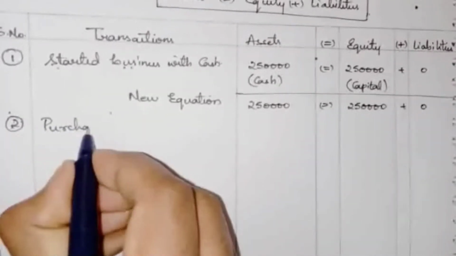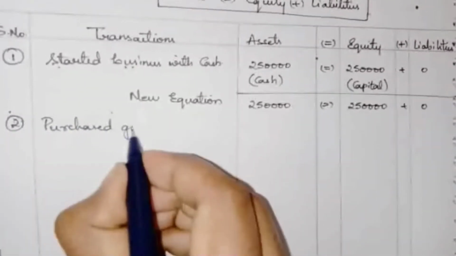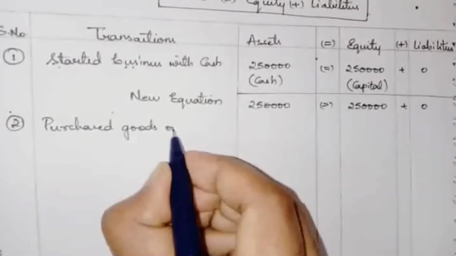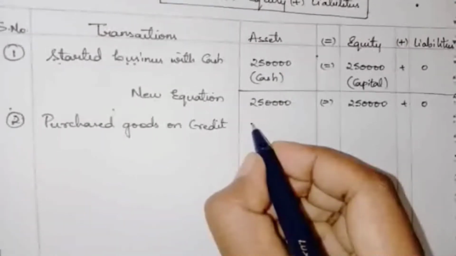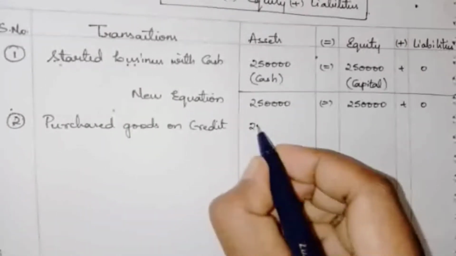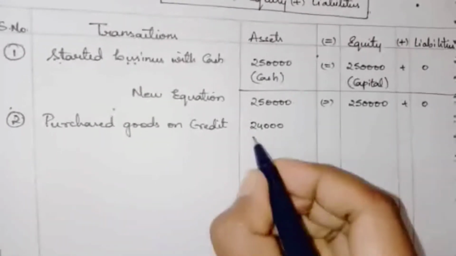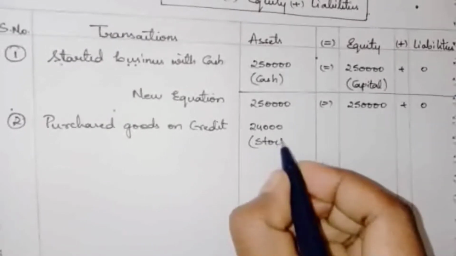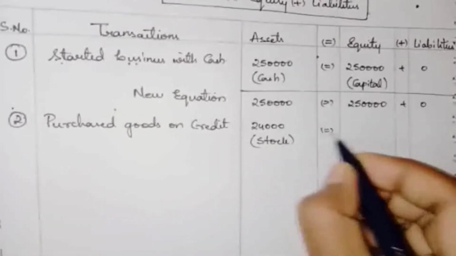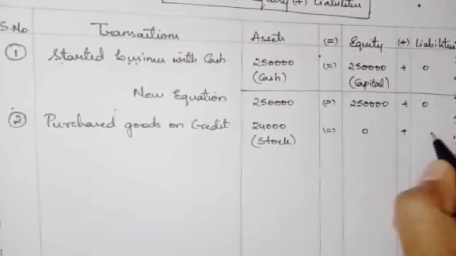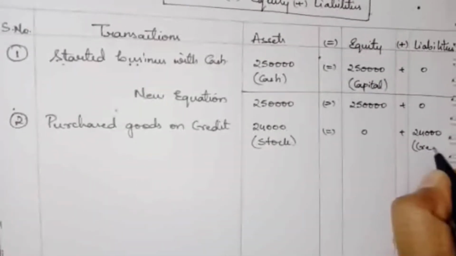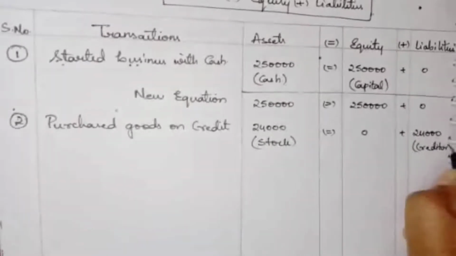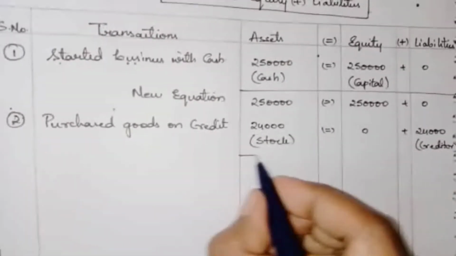Next one, purchased goods on credit. It is a credit purchase, so we will be having two things, that is stock and the creditor. Stock is coming in, so it is an asset to the business. We will add to the asset column 24,000, that is stock; equity no change; creditor liability 24,000, it is a creditor balance.